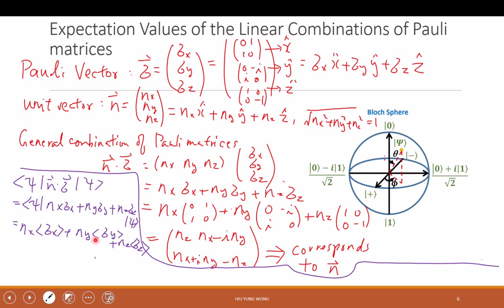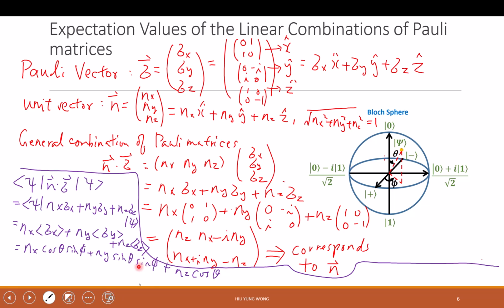So that's it. But what are the average expectation values of sigma x, sigma y, sigma z? We learned that already. This is just equal to nx cosine theta sine phi plus ny sine theta sine phi plus nz cosine theta. I just plug in what we derived earlier.